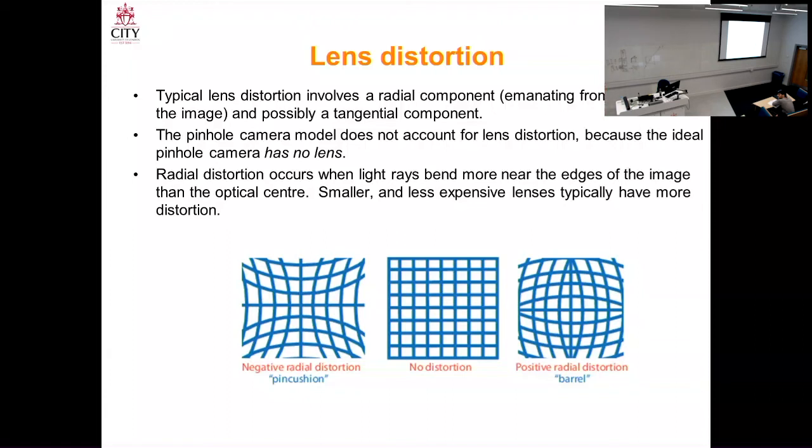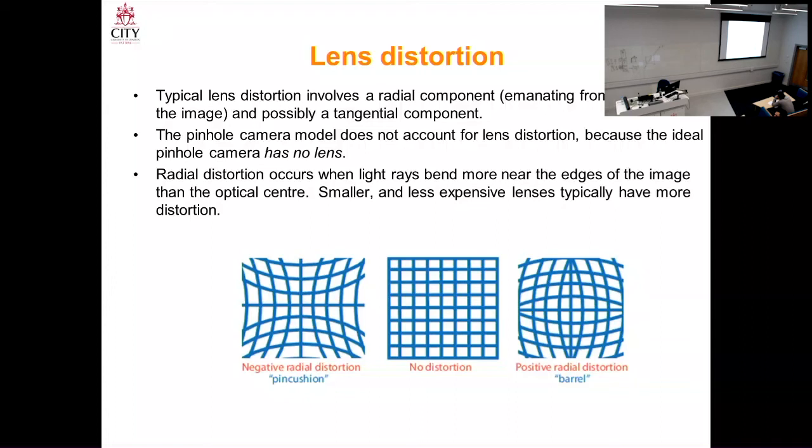Here we have a pincushion effect, where points further away from the center get distorted, and straight lines are curved. This is pincushion because it's a negative radial distortion. If we have a positive radial distortion, it's a barrel effect. It's the same thing, except now instead of these curves being concave, they're convex. But really what we want is no distortion.